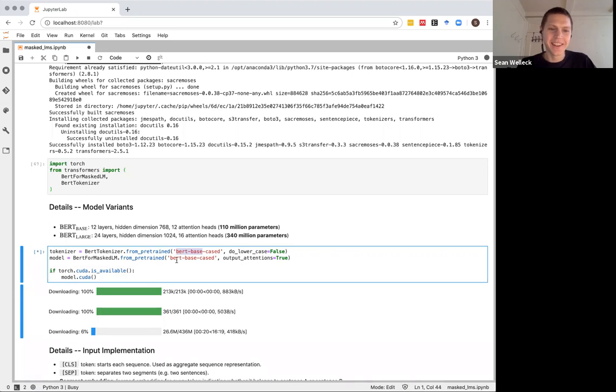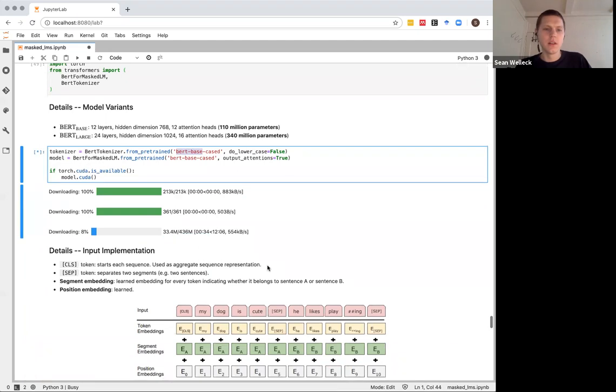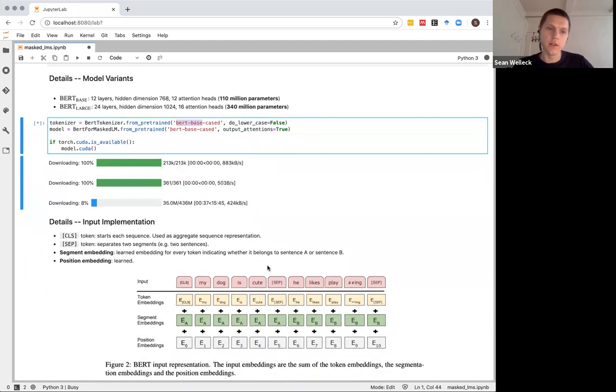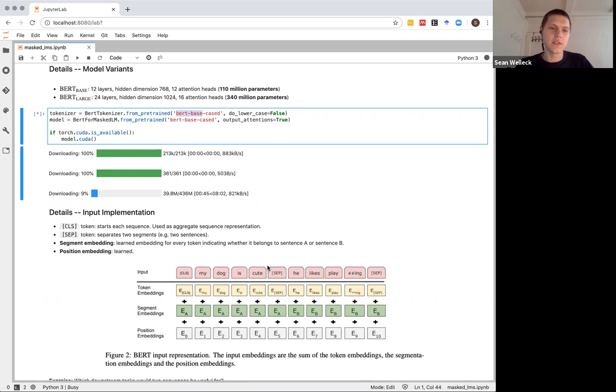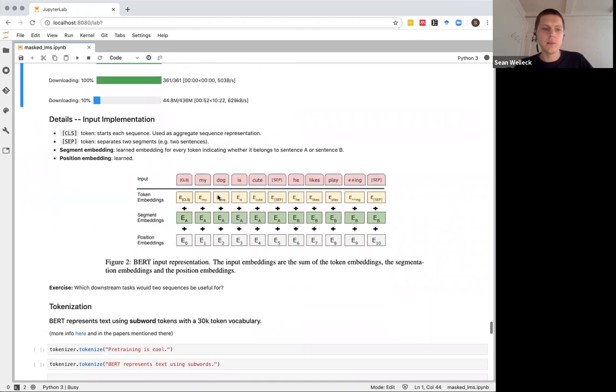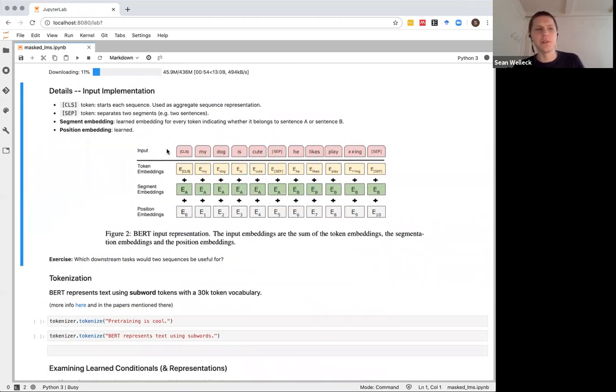If you want, you could change this to be the large model. And the large model would have 24 layers and 300 million parameters. I actually created this new instance since the instance was down yesterday, and on this instance, it isn't downloaded. So let's hope that this downloads quickly. But in the meantime, we can look at what we'll do below.